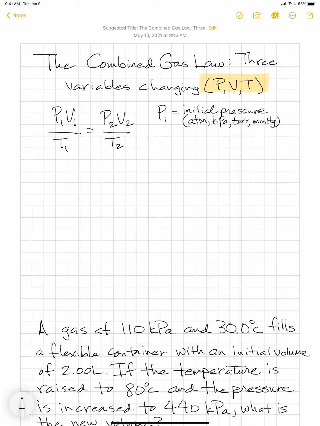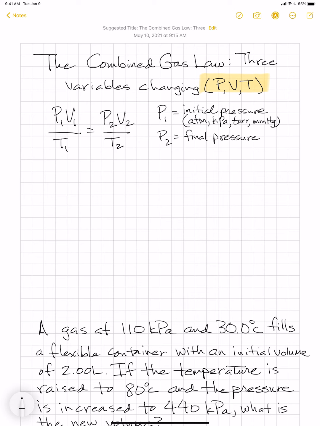Anytime you see a number with one of those units, you're looking at a pressure unit, okay, or pressure value. We talked about that before, but this is a little bit of a review. P2, of course, is the final, or sometimes called the ending pressure. And it would be in the same units that I just talked about.